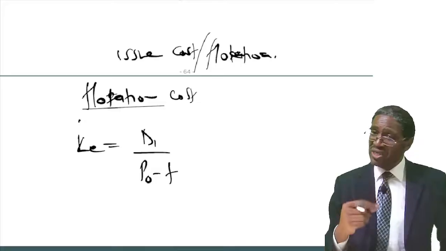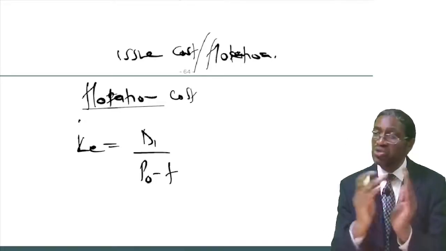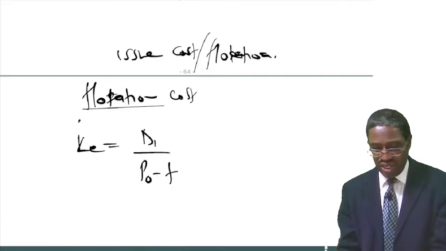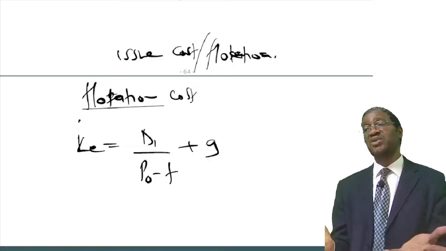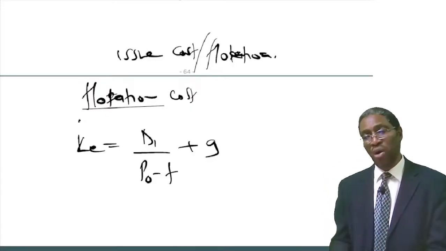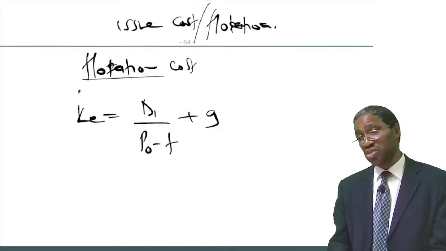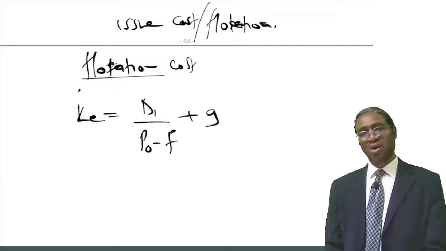That's why we are saying where there is flotation cost, you take the price P0, you minus the flotation cost, then everything you add plus g. This is still the dividend growth model, but with the incorporation of the flotation cost. Good.